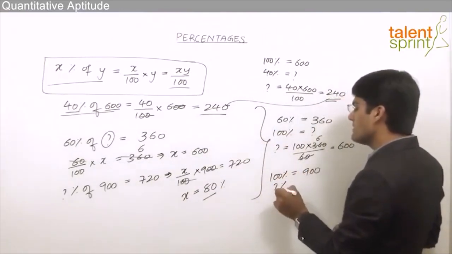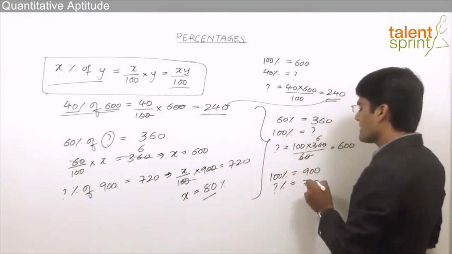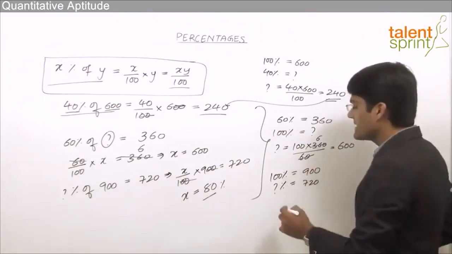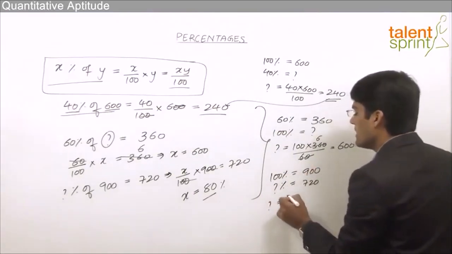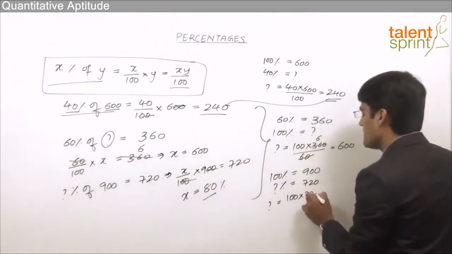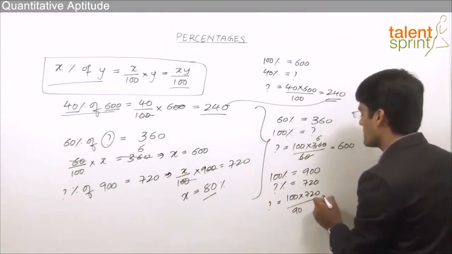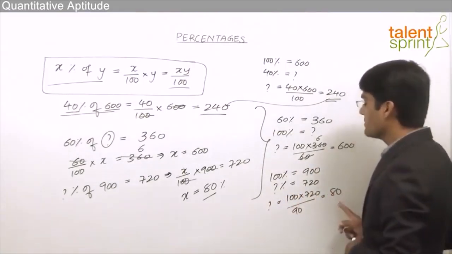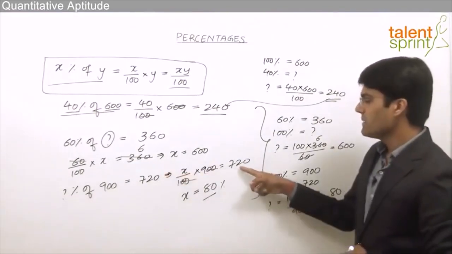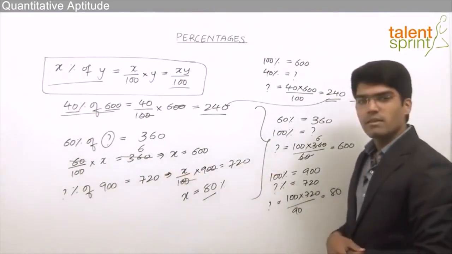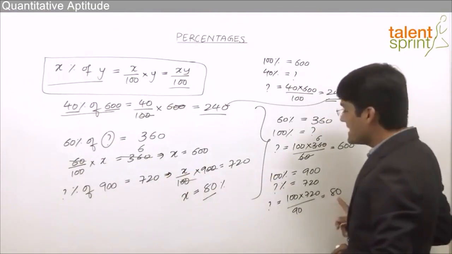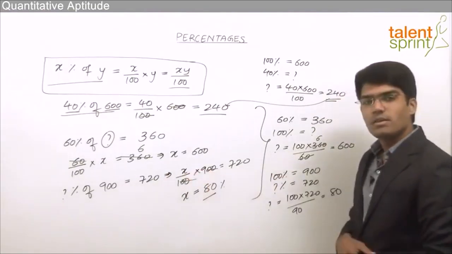So what percent will be equal to 720? So again by cross multiplying we can say that this should be equal to 100 into 720 divided by 900, which comes out to be 80. So 80% of 900 will be 720. That is what is the answer in the given equation. So we can say that 80% of 900 is equal to 720.